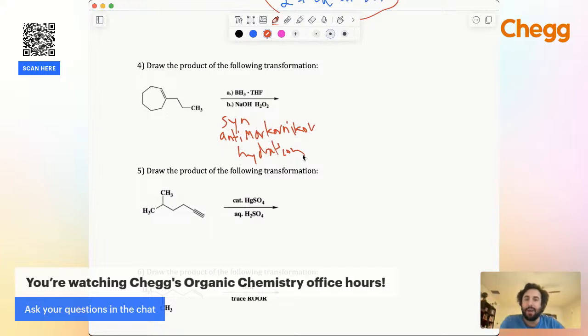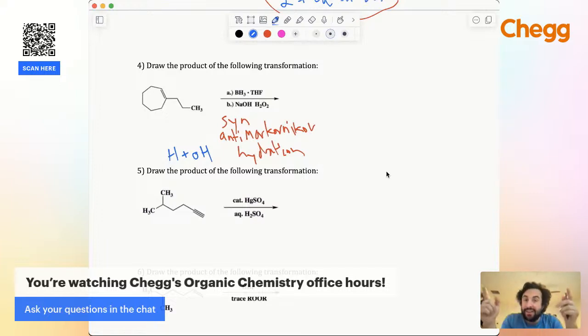If you successfully memorize that, the rest is relatively trivial because all we're doing is applying our knowledge of what those words mean to whatever substrate we're given. So what do these words mean? Hydration means we are adding a water molecule in the form of a hydrogen and a hydroxyl. So of the two carbons that are participating in the pi bond, one of them is going to get a hydrogen, the other is going to get a hydroxyl.